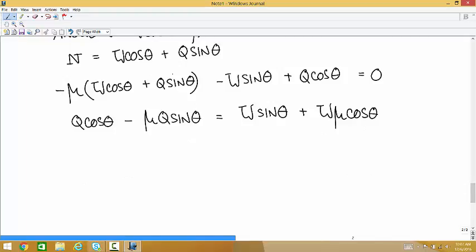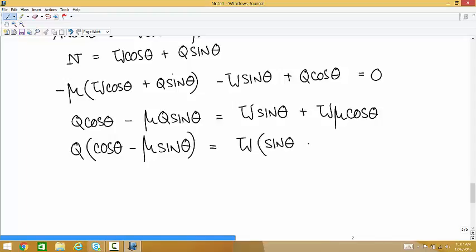And now you can distribute out the Q to get Q times the quantity cosine theta minus mu sine theta is equal to, I guess I'll pull the W out too, W times the quantity sine theta plus mu cosine theta.